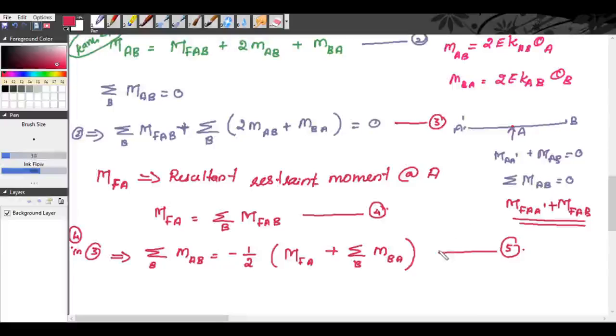This equation number 5 gives the algebraic sum of the rotational contribution of all members meeting at A. This is MFA, the restrained moment at A, and this is the rotational component at A.